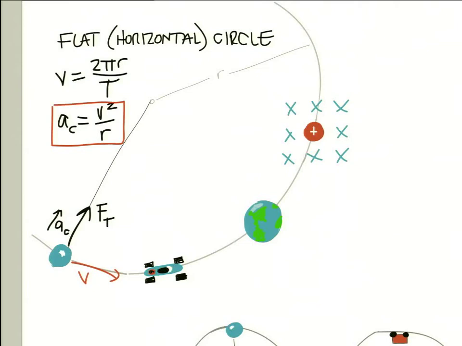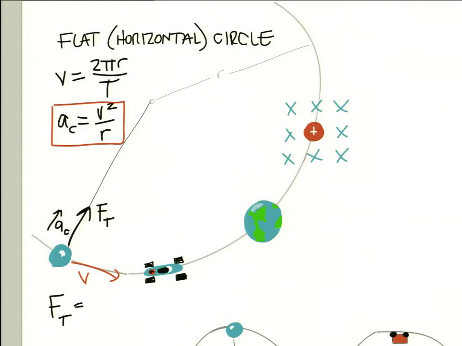Now, if we come back down to our example of the ball with the string, we can see here in this case, if we were to do a sum of the forces, and essentially every single one of these problems is really a Newton's law problem. What we're going to do is the sum of the forces acting on this ball. And in this case right here, the net force acting on the ball is this force of tension that's acting on the ball.